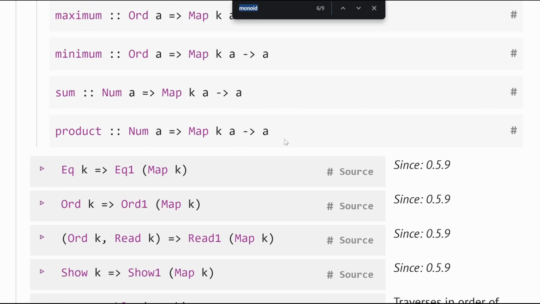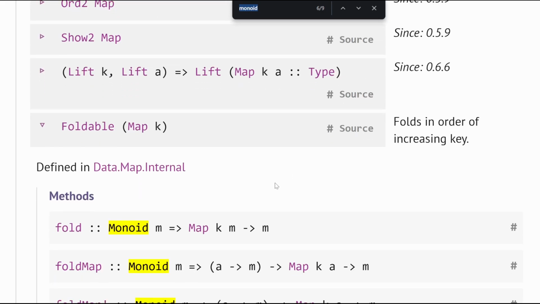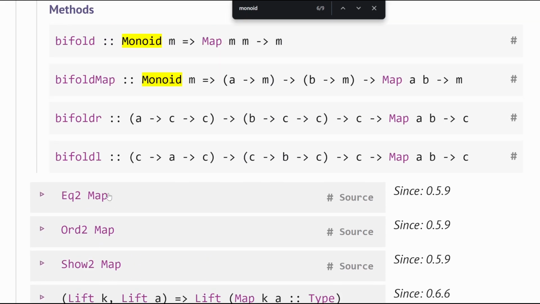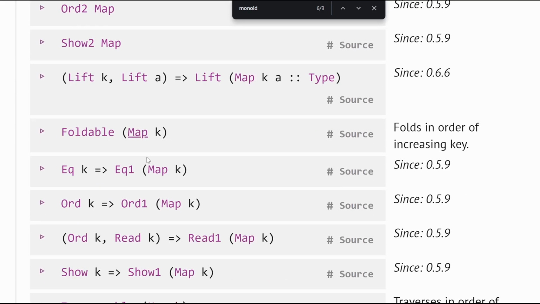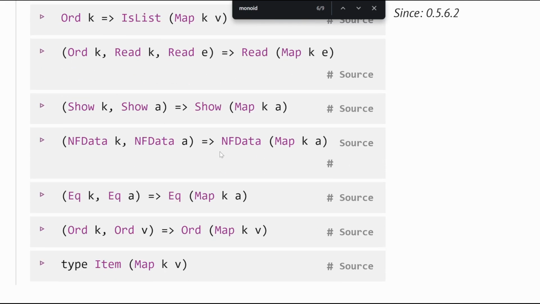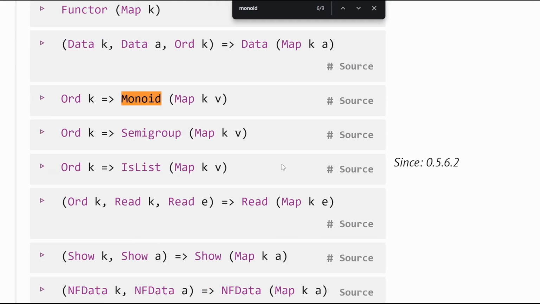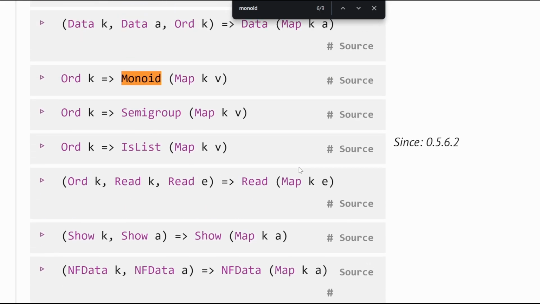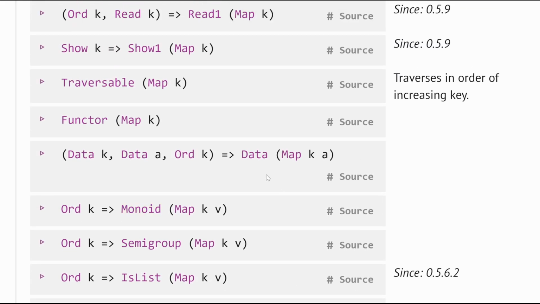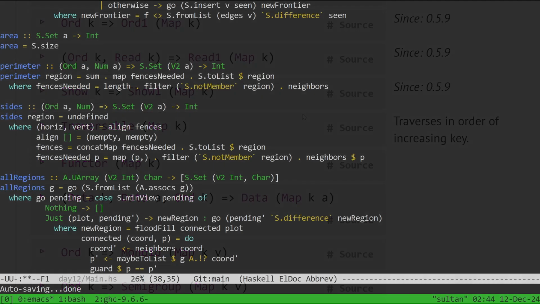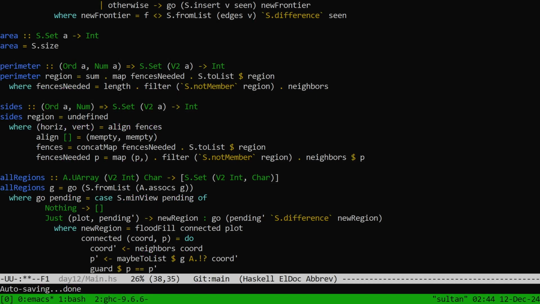Making it an applicative is more interesting and maybe impossible, right? You can do it in a weird way that doesn't really obey the laws, is my recollection. Okay, yeah, maps are not applicative. But that's not what I want right now. I just want them to be monoids.